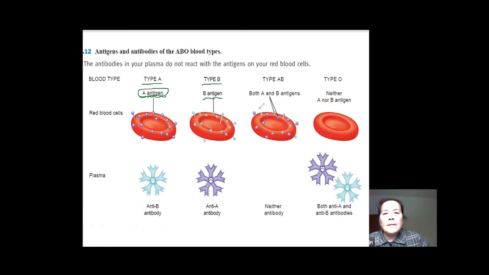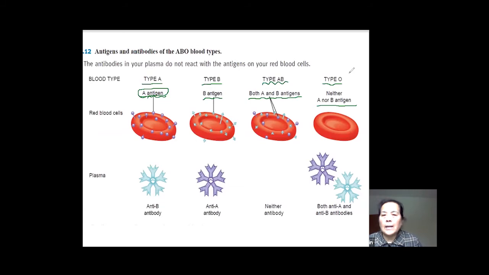And some people possibly have both antigen A and antigen B on their blood cells. This kind of blood type we name type AB. If they don't have any kind of antigen on their blood cells, we name it type O, like zero.